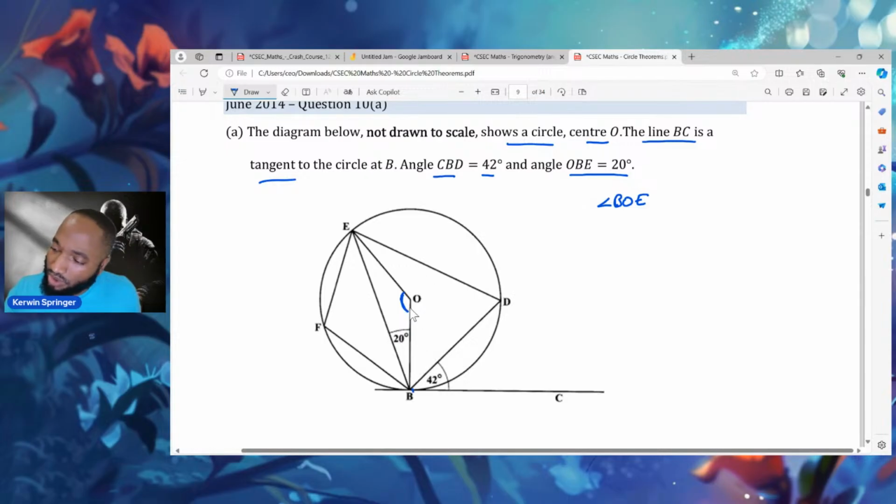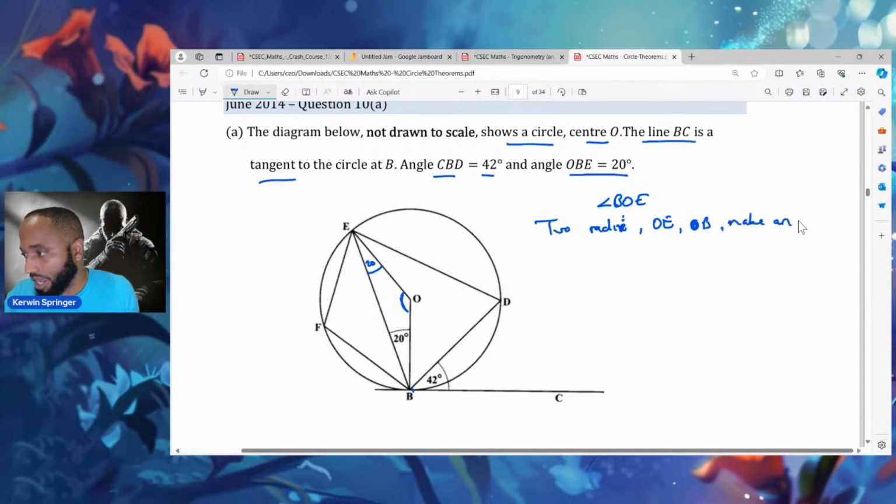So how do you find BOE? Let me give you a clue. That's 20. How do I know that's 20? Two radii. The two radii I'm talking about, OE and OB, make an isosceles triangle.